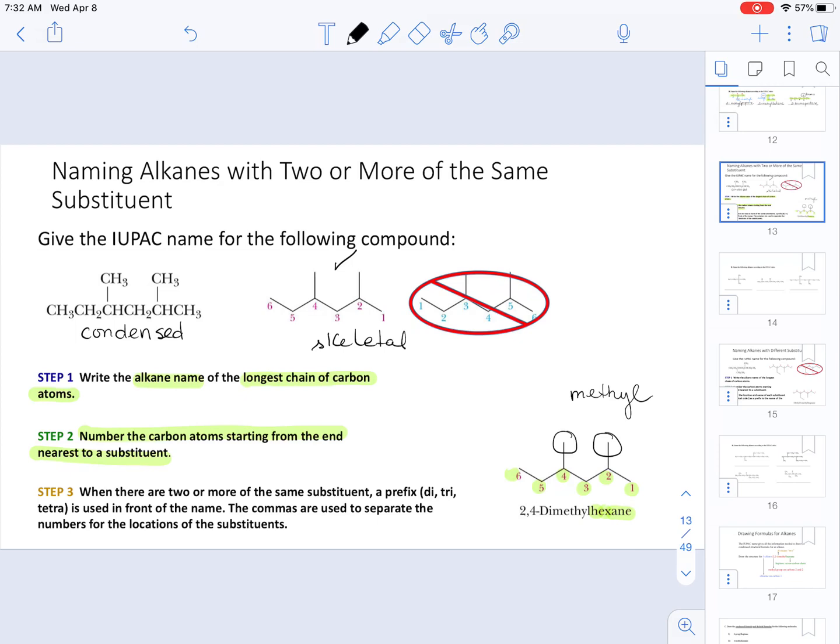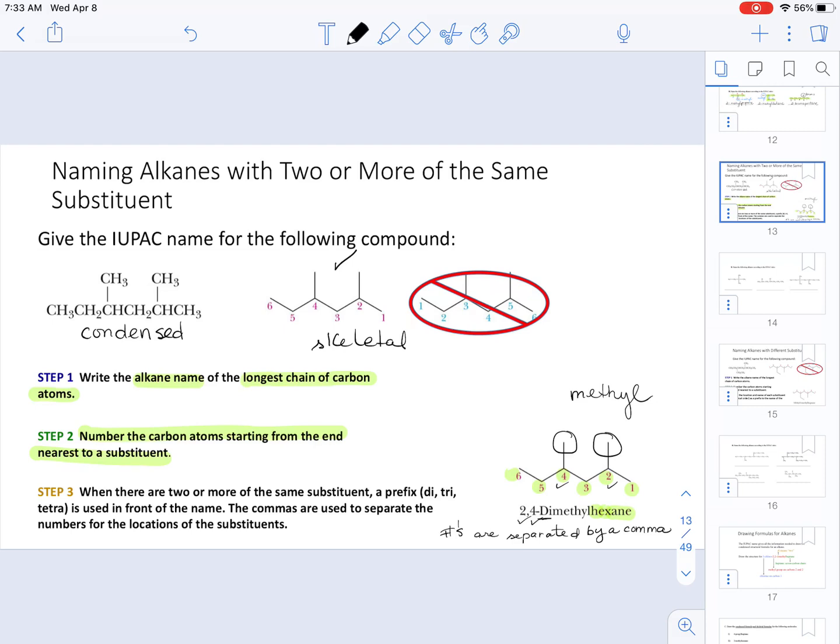That's why we use the prefix di, and we have to give the location of each. So on carbon 2, we have 1. On carbon 4, we have the next one. And remember, numbers are separated by a comma when we are naming any type of functional group.